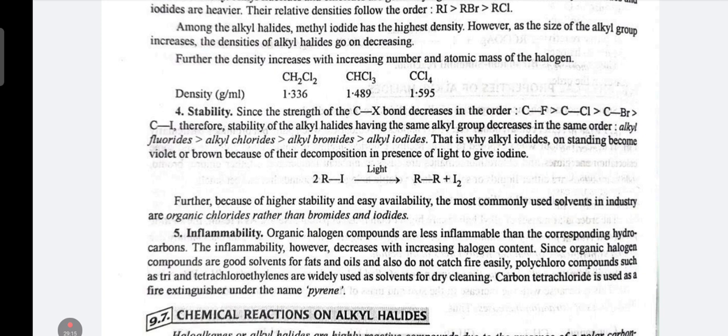That is why alkyl iodide on standing becomes violet or brown, because of decomposition in the presence of light to give iodine. Further, because of higher stability and easy availability, the most commonly used solvents in industry are organic chlorides rather than bromides and iodides. I hope you understand this lecture.